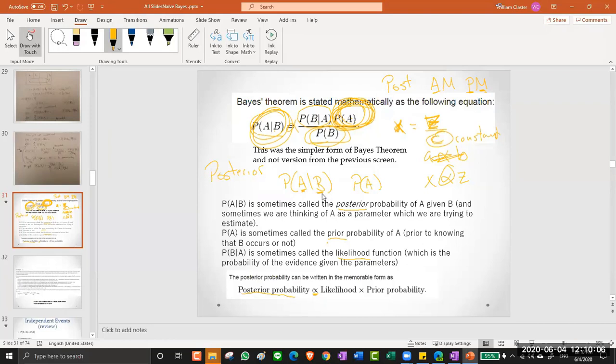So after. Okay, does everyone get that? It's the probability of A given B, which means after knowing B, what's the probability of A? So they call that the posterior. And then what do they call this? If this is the posterior, then this is without being given anything. So they call that the prior. Okay, does everyone get this terminology?